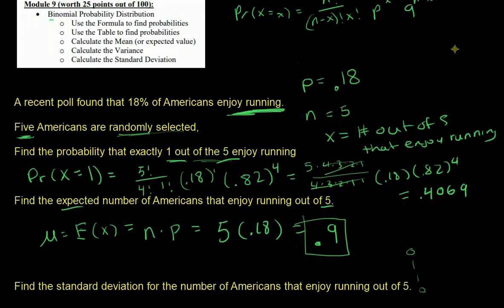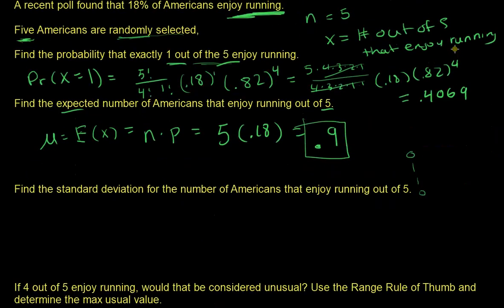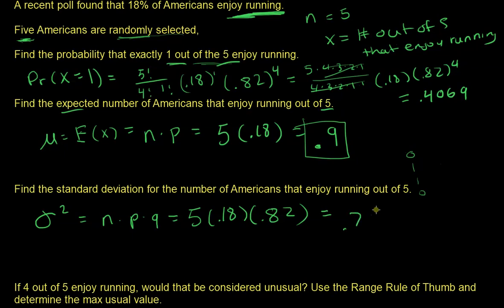All right, then the standard deviation for the number of Americans that enjoy running out of 5. So let's start with the variance. Variance equals n times p times q. So this would be 5 times 0.18. Q, remember, is 1 minus 0.18, which is 0.82. So that's basically going to be 0.9 times 0.82. So this comes to 0.738.